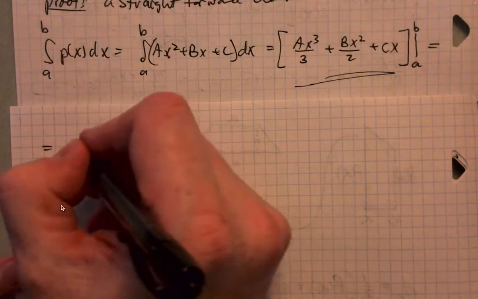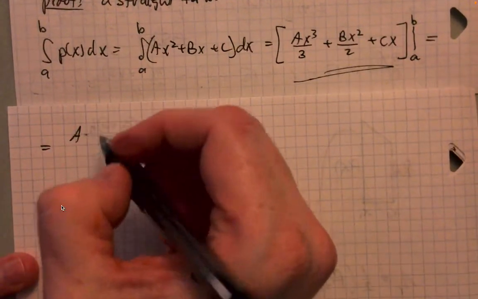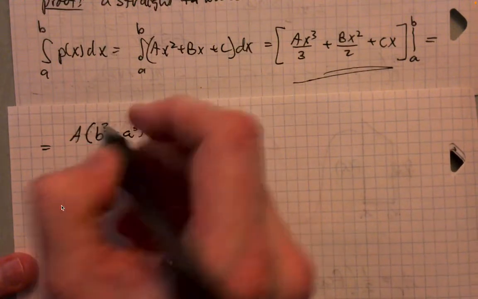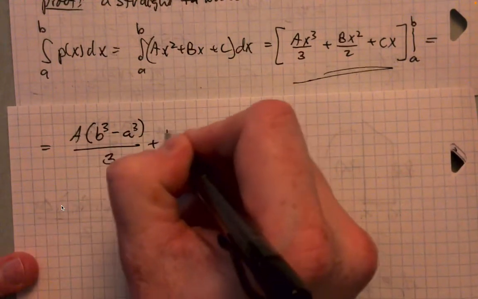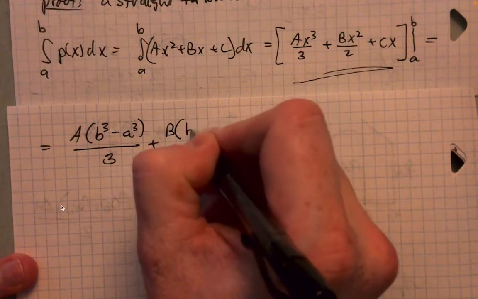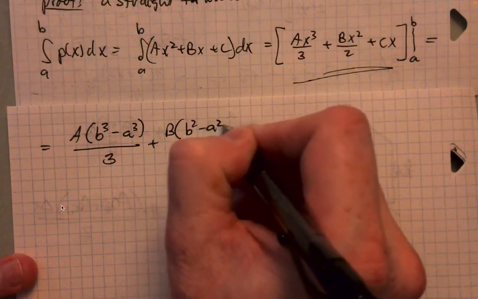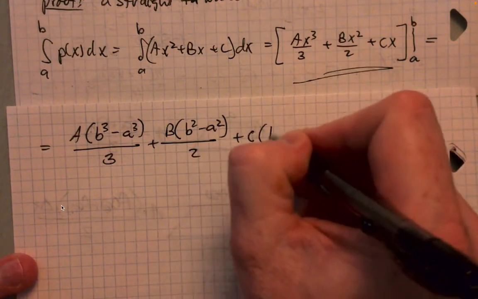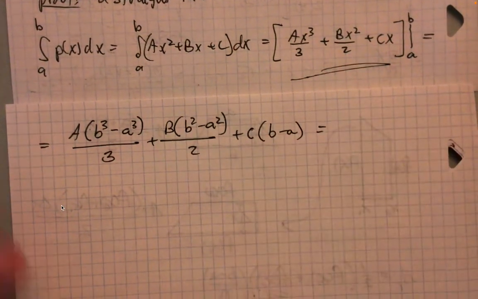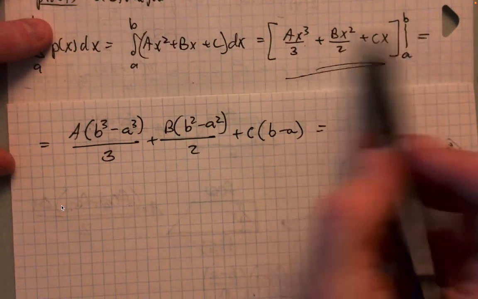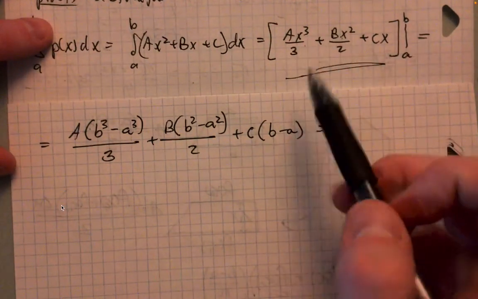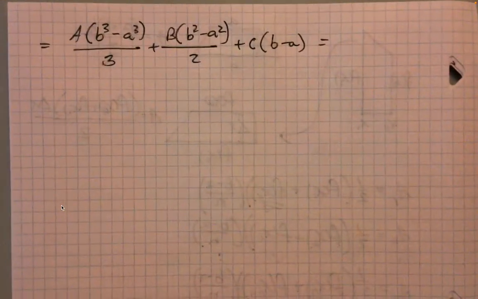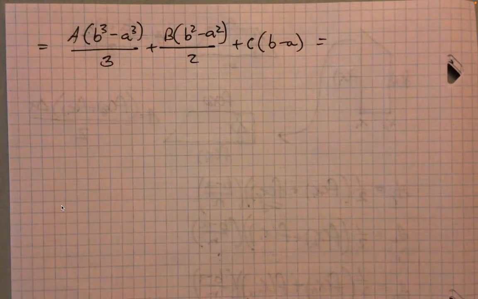You can say a times (b cubed minus a cubed) over 3 plus b times (b squared minus a squared) over 2 plus c times (b minus a). So that basically gets you plugging in the upper limit and subtracting the lower limit everywhere that you have an x. That's kind of another thing you can do with these definite integrals. I guess I never explicitly stated that, but maybe it was obvious.